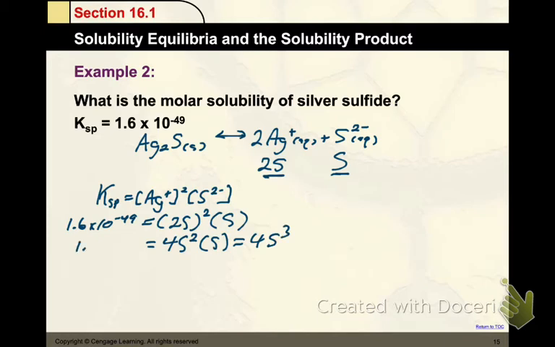This is all still equal to 1.6 times 10 to the minus 49. So to solve for S, we're going to divide by 4 and take the cube root.